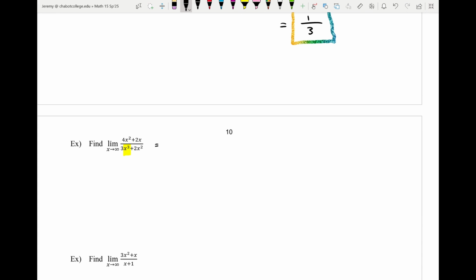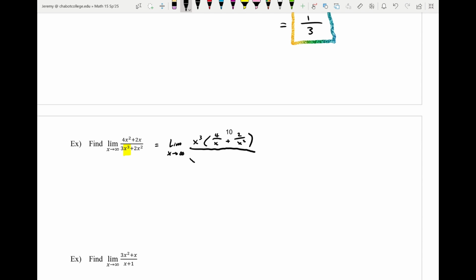All right, so I'm going to factor out that x to the third. So in the numerator, if I pull out x to the third, 4x squared divided by x to the third, the x squared is going to cancel out. I'm going to be left with a factor of x in the denominator. So I'll have 4 over x, and then plus 2 over x squared.